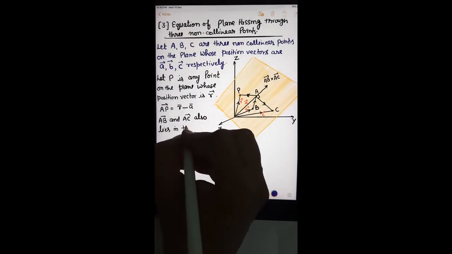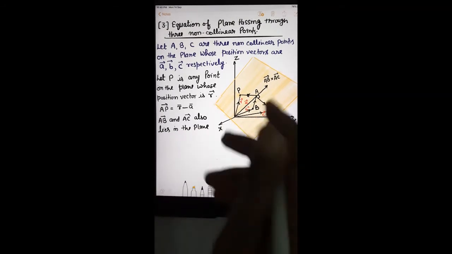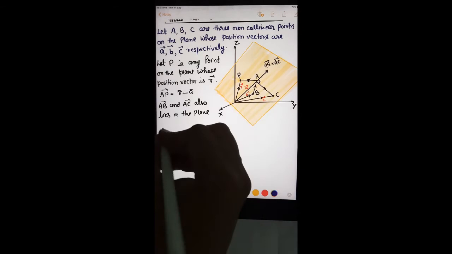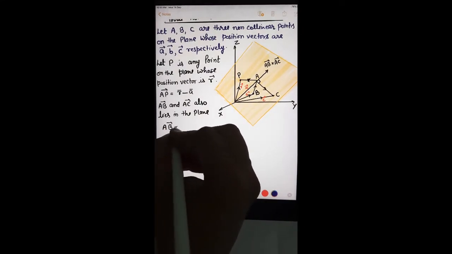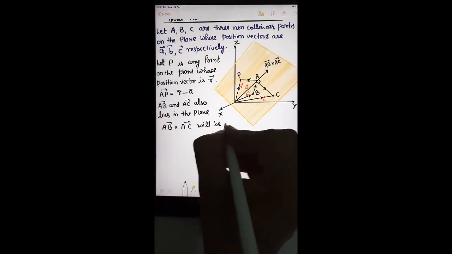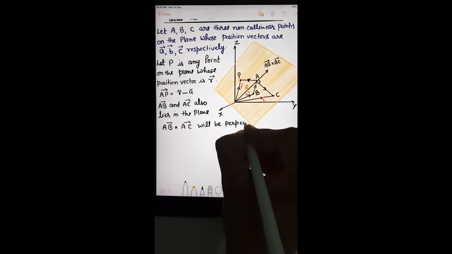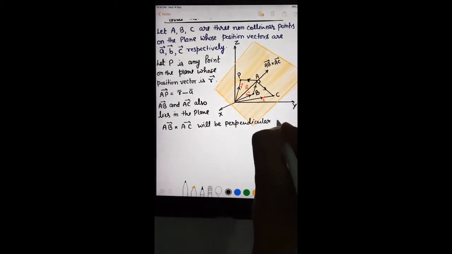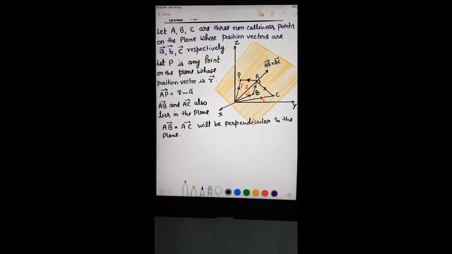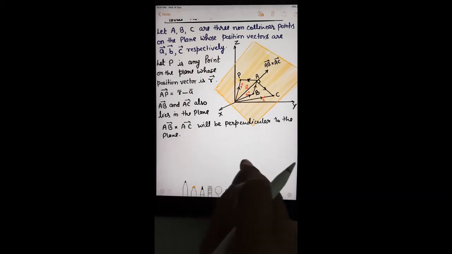Now you know, if two vectors are there, their cross product is always perpendicular to both the vectors. So AB cross AC will be perpendicular to the plane, because AB and AC both lie in the plane, so their cross product is perpendicular to both, which means it is perpendicular to the plane also.